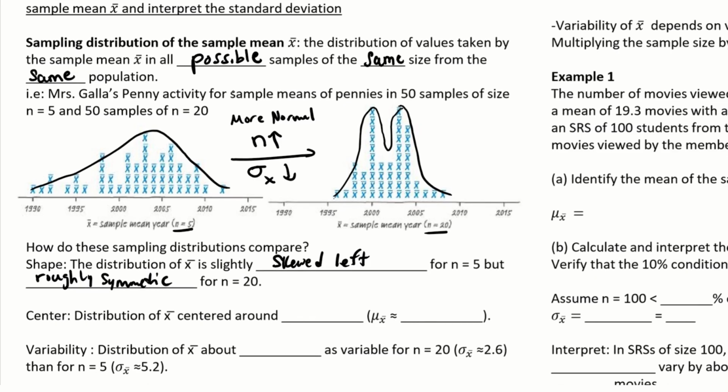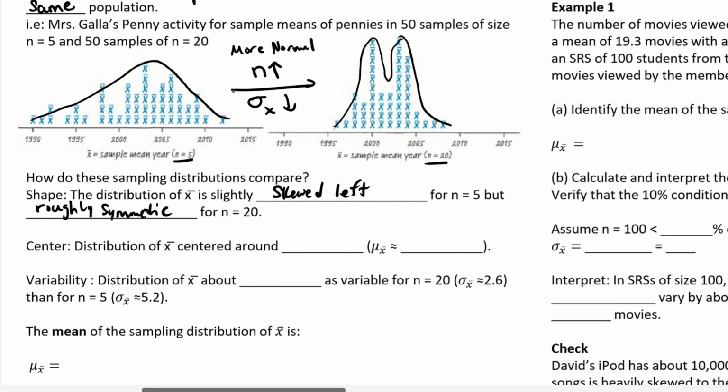So the center for the one on the left is probably around here, because the mean is not going to be at the peak because it's skewed left. It's going to be slightly pulled to the left, so it's going to be around 2002. This will be approximately where the mean lies.